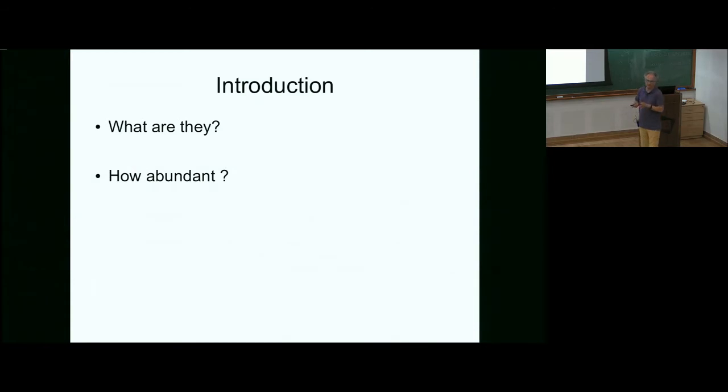It appears that there is quite a lot of them, and that more than half of all the stars exist in binaries.